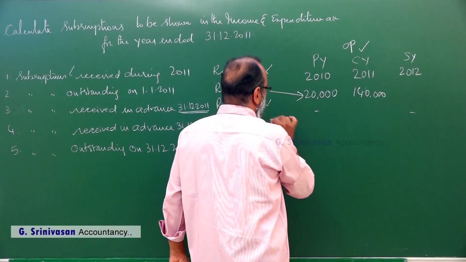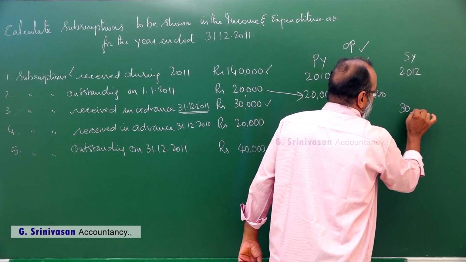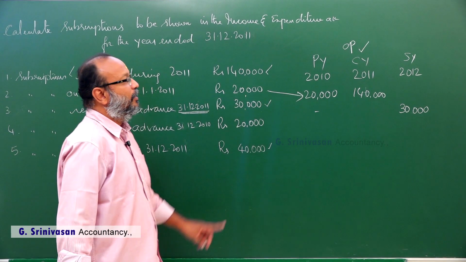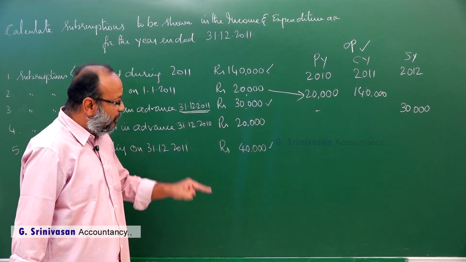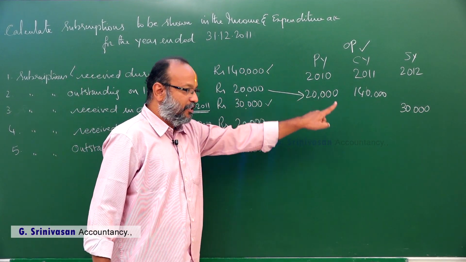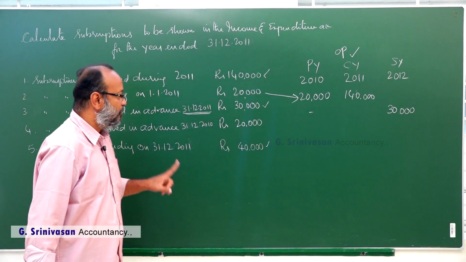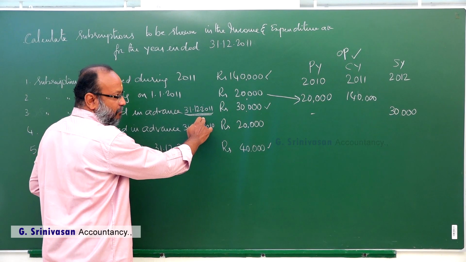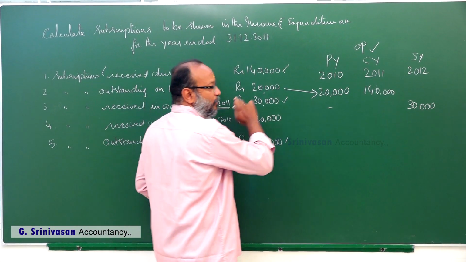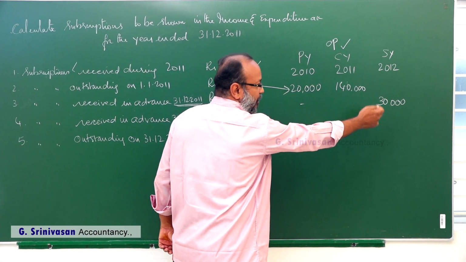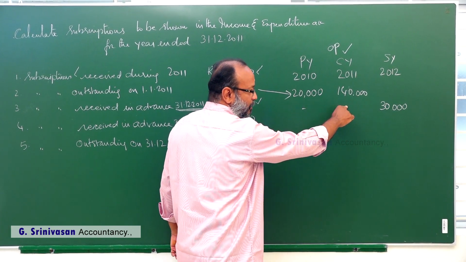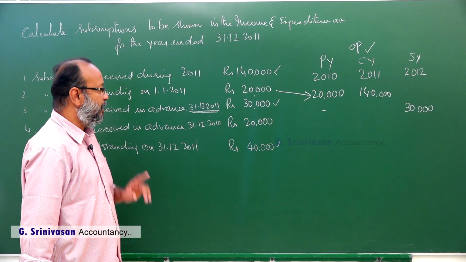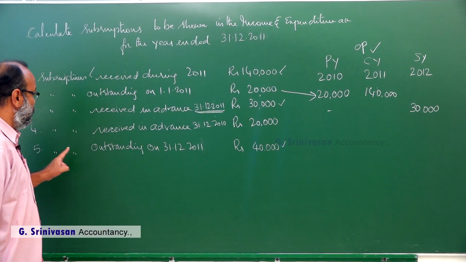This 30,000 rupee, it is for the next accounting year. So that 1,40,000 includes this 30,000 that has to be deducted. Right? You are getting it? Received in advance 31/12/2011. It is related to the subsequent year. We have received it. We have shown it in this 1,40,000. It has to be deducted. Right. Next, go to the next one.